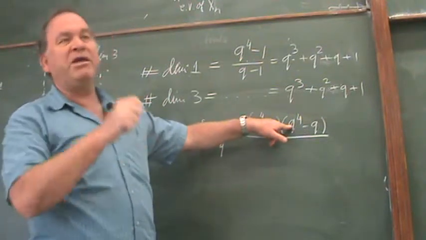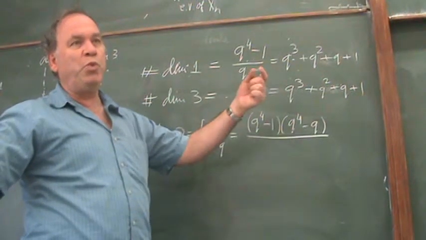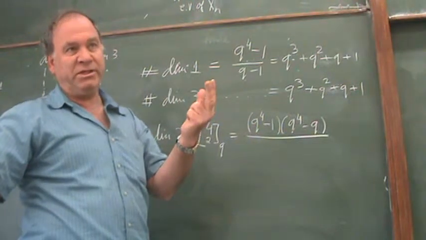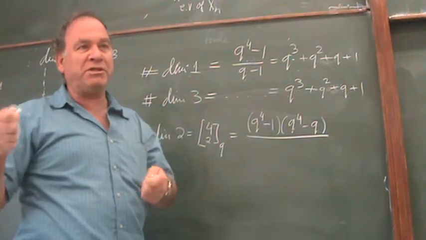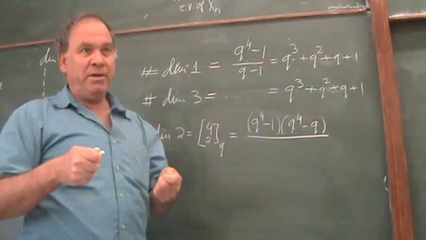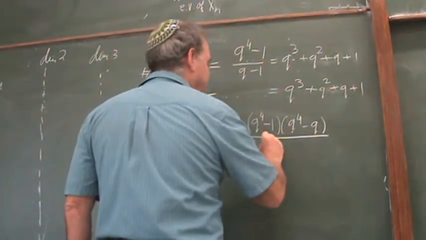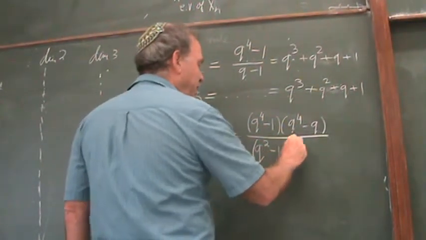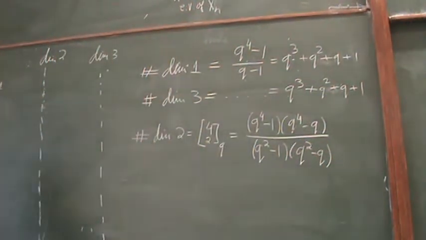Each such pair gives me a two-dimensional space. But the same two-dimensional space is obtained from quite a number of these. How many? Exactly the number of bases that a two-dimensional vector space has. You choose the first vector in q squared minus 1 ways, and then you choose the second vector in q squared minus q ways, and this is precisely the number.